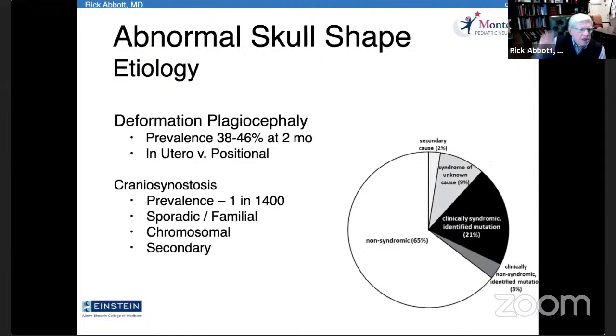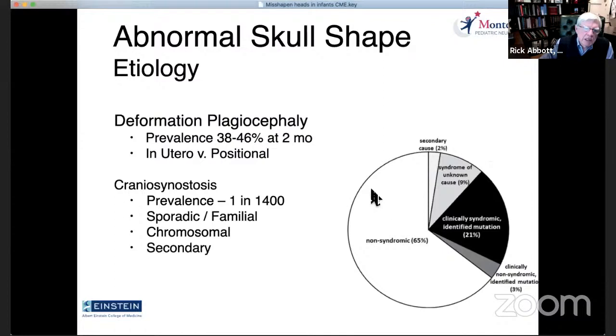In utero, it can be seen in about 18% of newborns, according to one study that looked at 201 newborn infants within 36 hours of their birth. Positional, as I said, is going to be 80% plus of the children that exhibit plagiocephaly by 2 months of age.